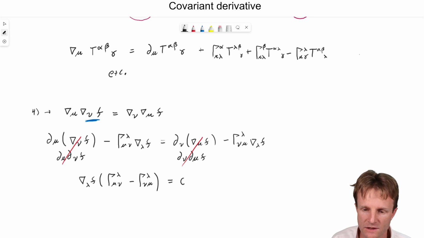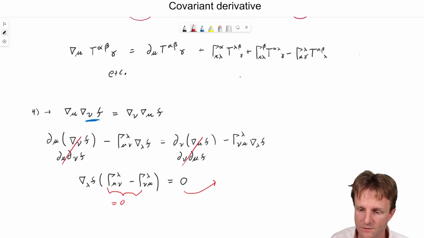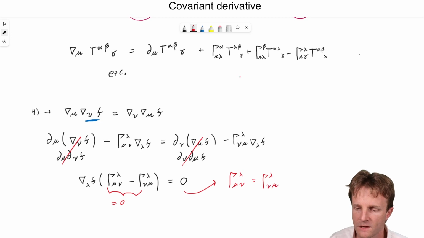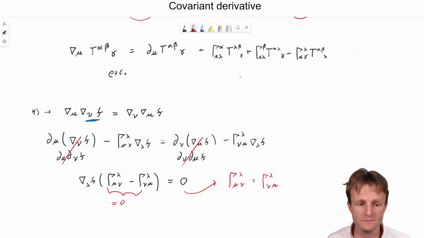And that then has to equal 0. And because this needs to hold for any function f, we conclude that the thing in parentheses actually has to vanish. And this gives us the consequence in terms of the Christoffel symbols of our torsion-free assumption. It's that the Christoffel symbols are actually symmetric on the lower two indices.